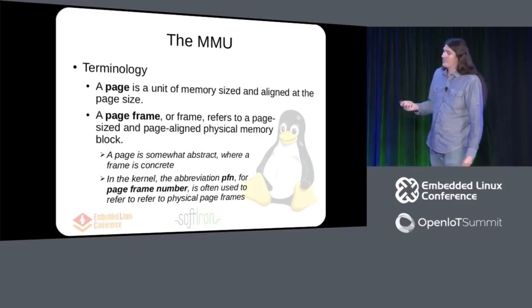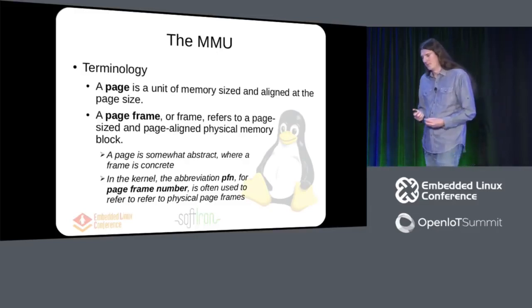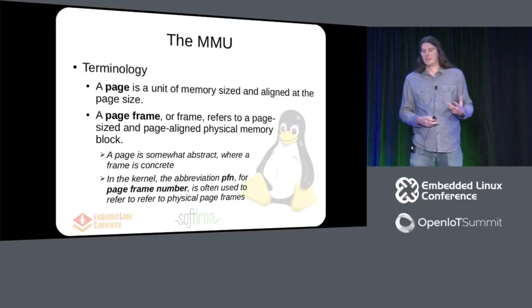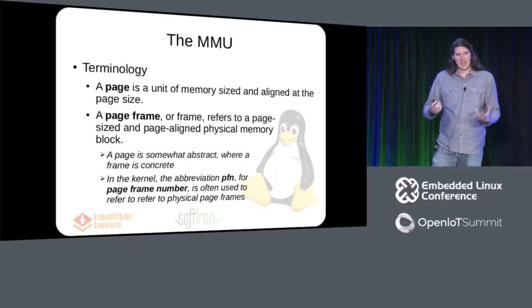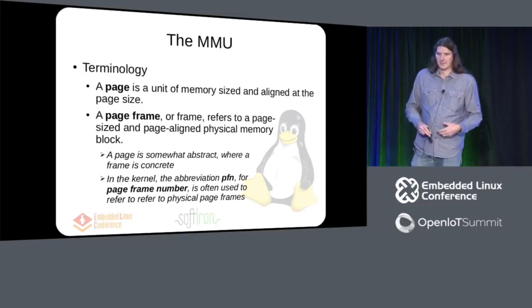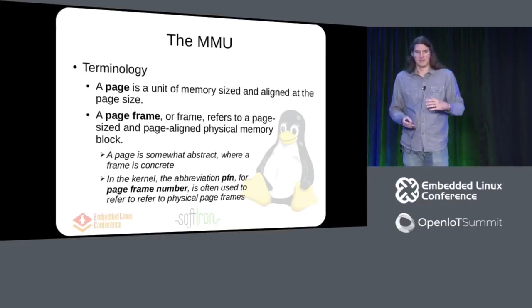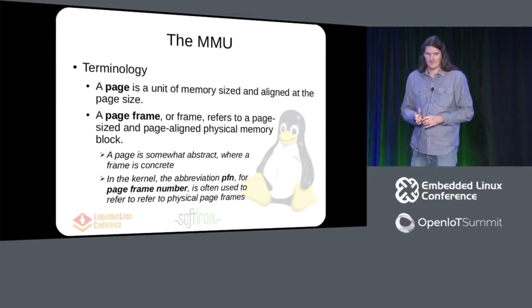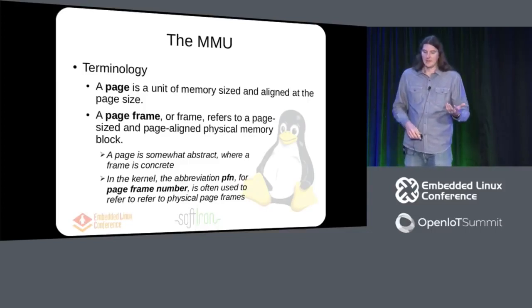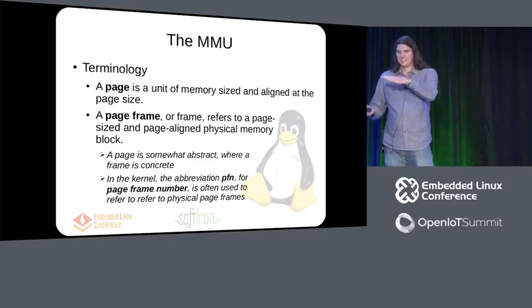A little bit of terminology about pages that might trip you up when you're looking in the code is that a page is a unit of memory that's sized and aligned at the page size. Right? So on a 4K page system, a page is a 4K block of memory that's aligned to 4K. A page frame, or sometimes just a frame, refers to a page-size and page-aligned block of physical memory.